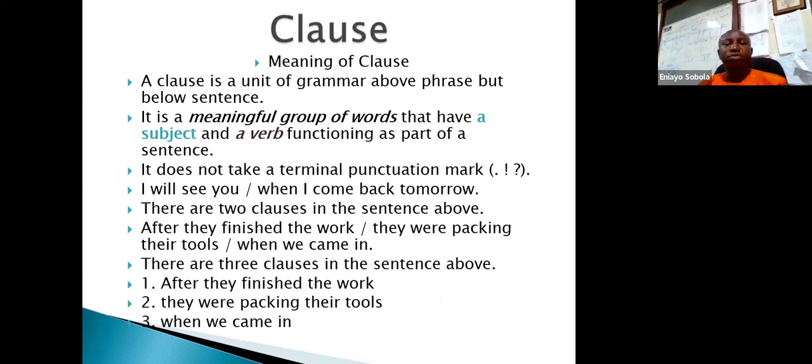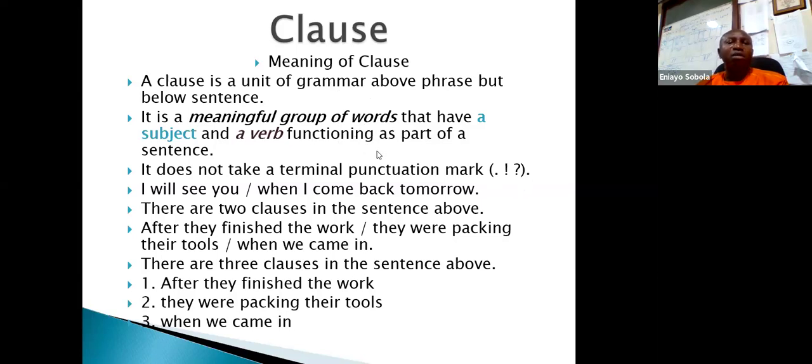That's one thing you need to understand. We can say that it's a meaningful group of words that have a subject and a verb, functioning as part of a sentence. The group of words has meaning, and also it functions as part of a sentence.